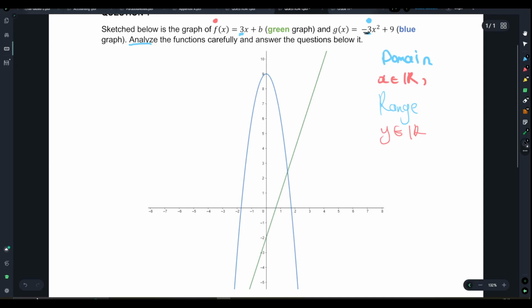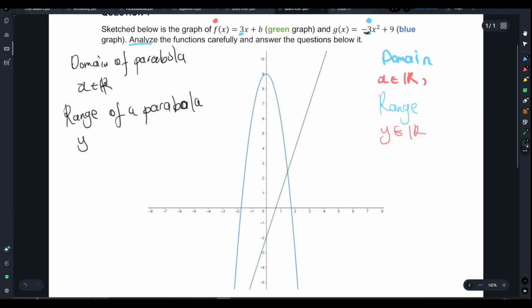The domain of a parabola is x is an element of all real numbers, and the range of a parabola is y is greater than or equal to, or less than or equal to, whatever the value of q is. In this case, our q is 9.